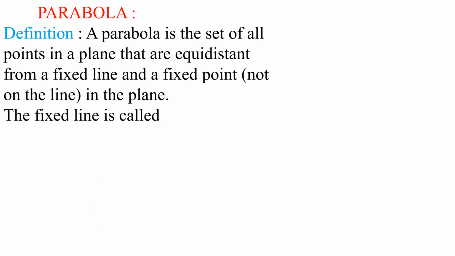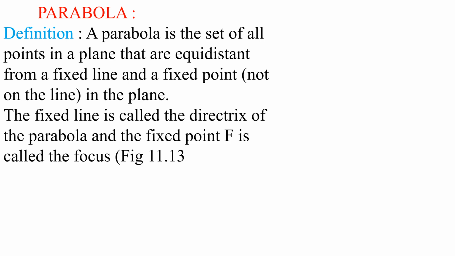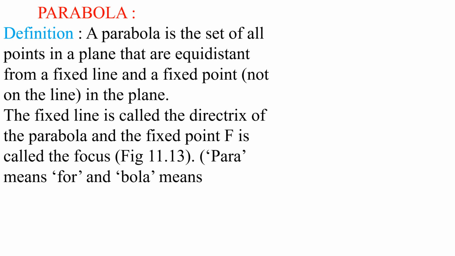The fixed line is called the directrix of the parabola, and the fixed point F is called the focus of the parabola. Here para means for and bola means throwing.